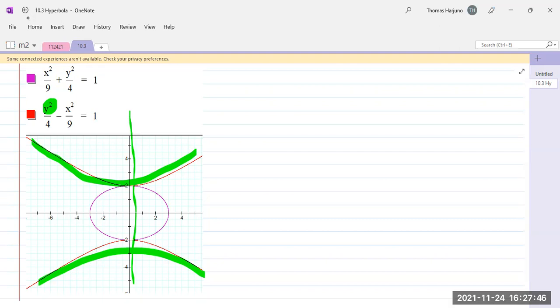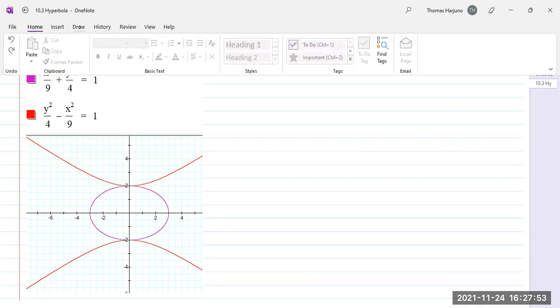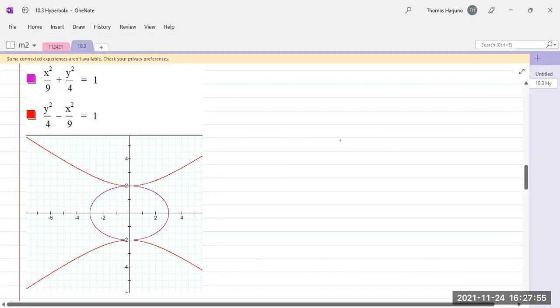Okay, so let's review a little bit. If we see x squared over a squared minus y squared over b squared equals 1, then the hyperbola will open left and right, and the axis of that hyperbola is parallel to the x-axis.